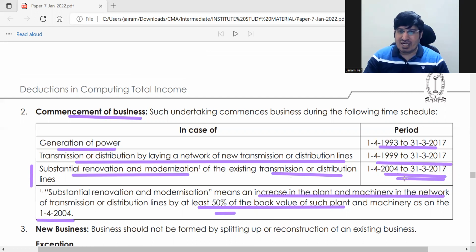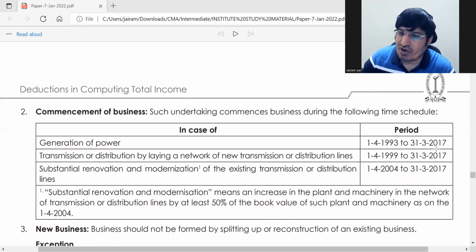Okay, fine. So again you can ignore these years. But as I said, all these deductions are before 1/4/2017, correct? So you can easily remember this 31/3/2017. This is kind of the last date. These deductions were given to spur this up, but now it is not required.